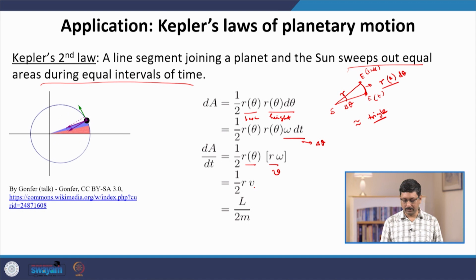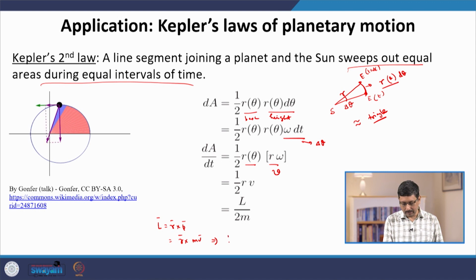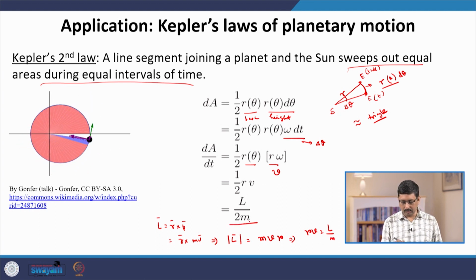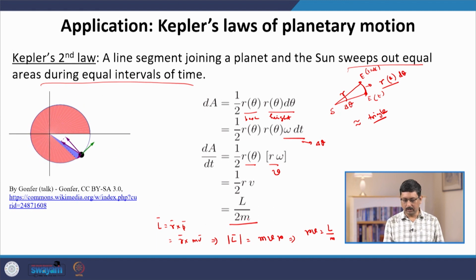So, this is half times rv, and if I apply this definition L equal to r cross p, which is r cross mv, then we see that the magnitude of L is mvr. That means r times v is L by m. So, our dA/dt will be, with a factor of half sitting before that, L over 2m.